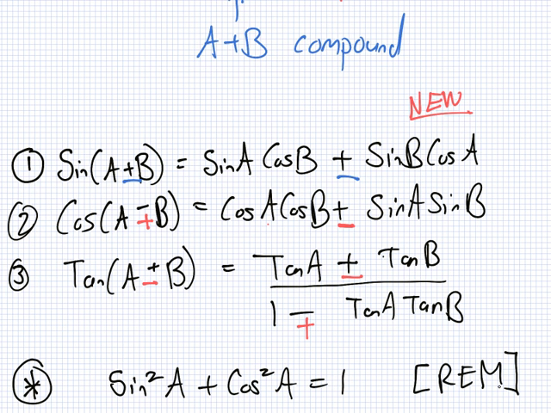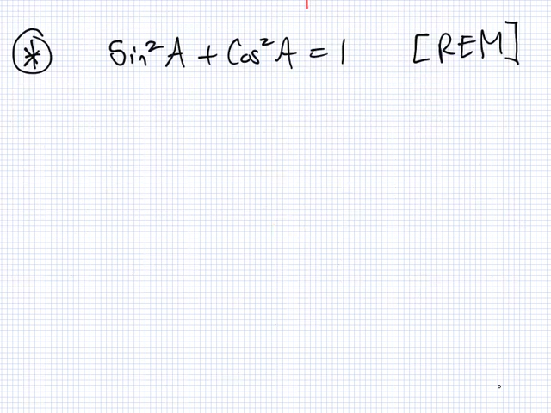Continue. So now that we have these formulas, let's see how we can use them. The first thing, which they sometimes ask in the exam, is they ask you, without your calculator, calculate something like this, sine 15 degrees. And the only thing you're allowed to use are these two triangles.